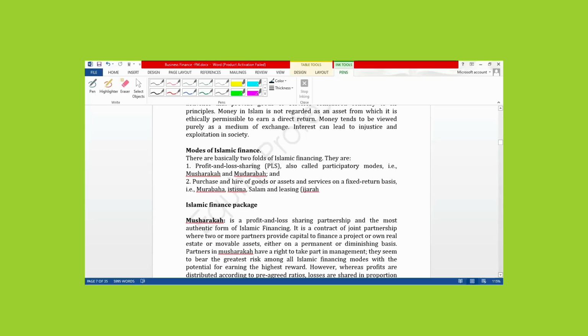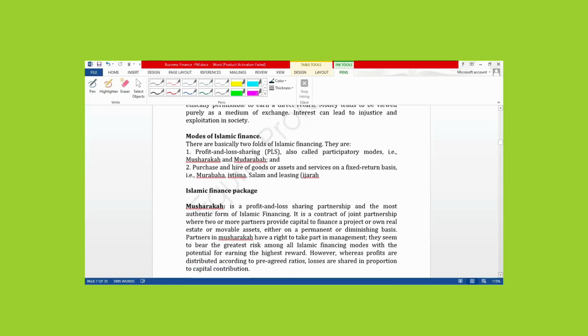For this mode of financing, both partners will share the profits. If a profit is generated on the business, both the bank and the customer that form the partnership will share the profits according to a pre-agreed ratio.